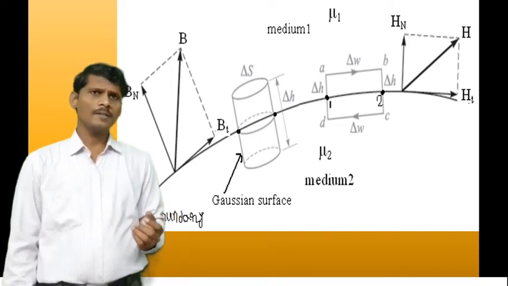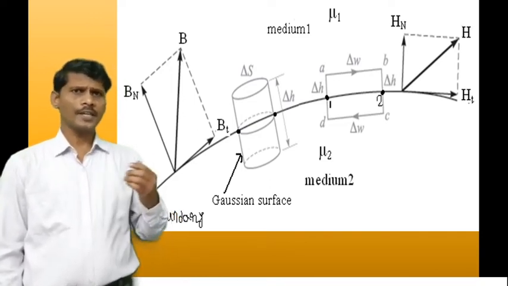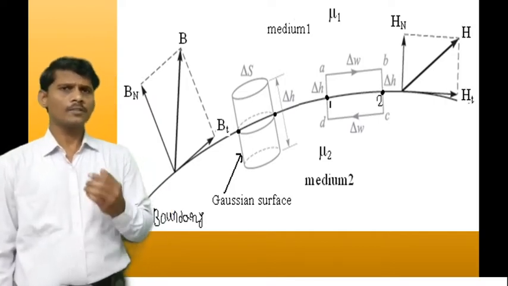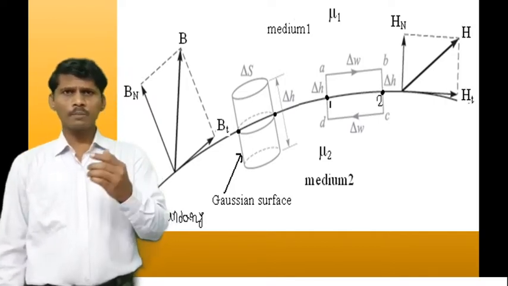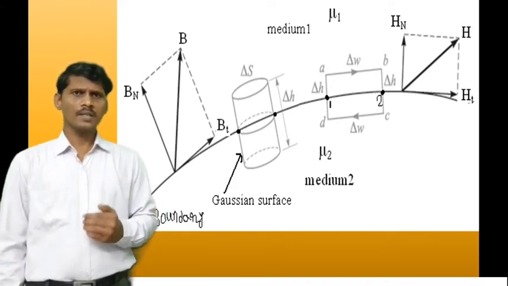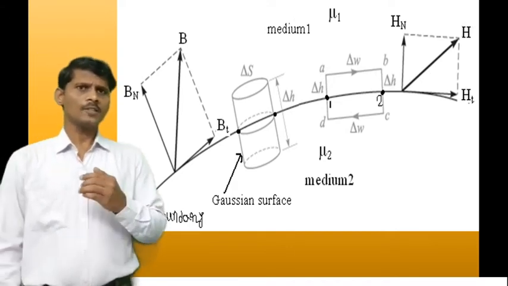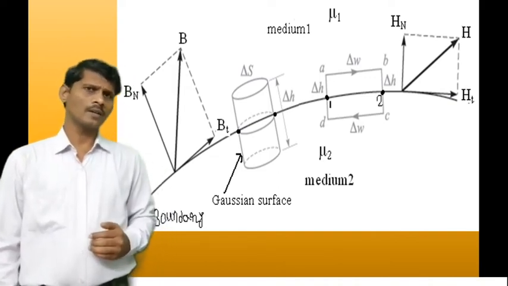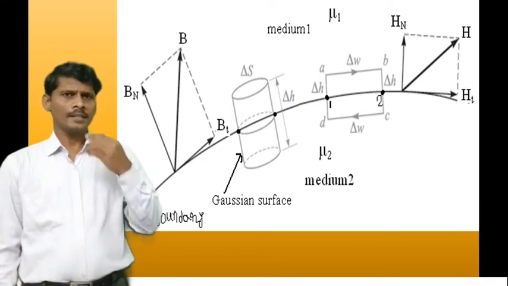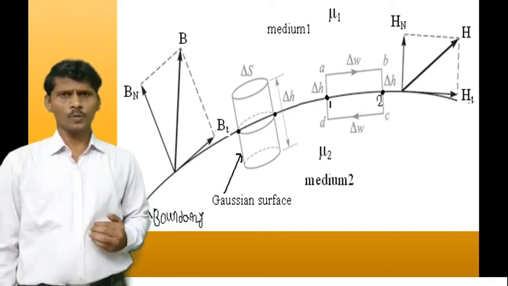Similarly, H tangential 1 and H tangential 2 are the tangential components of the magnetic field intensity in medium 1 and medium 2. Similarly, for the normal components, H normal 1 and H normal 2 are the normal components of the magnetic field intensity in region 1 and region 2.